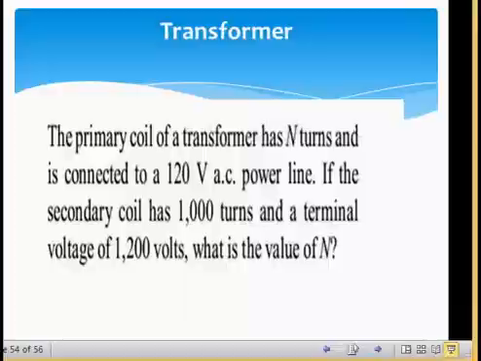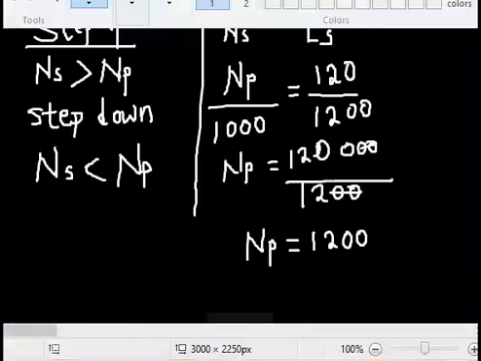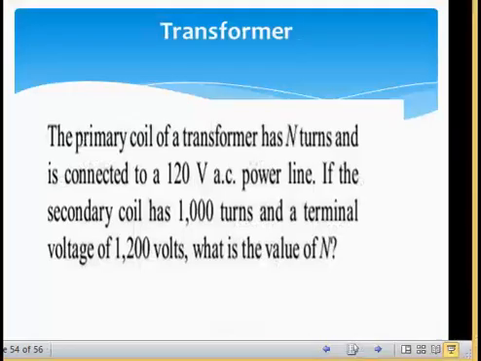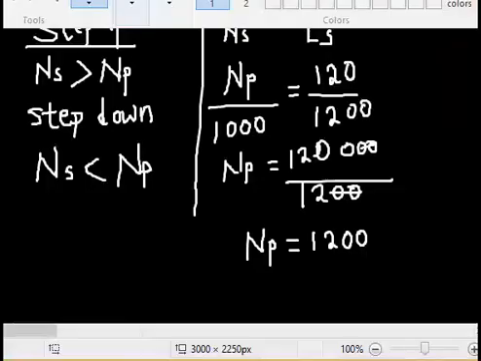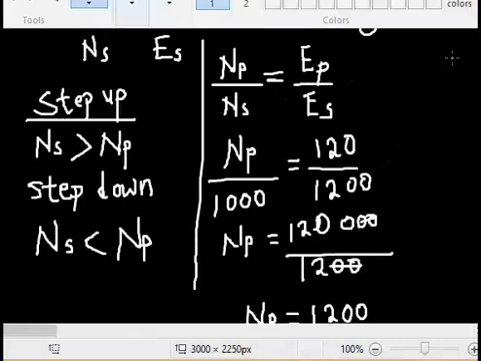Let's see if there's a mistake I made. 120 volt is this for the primary, yeah.